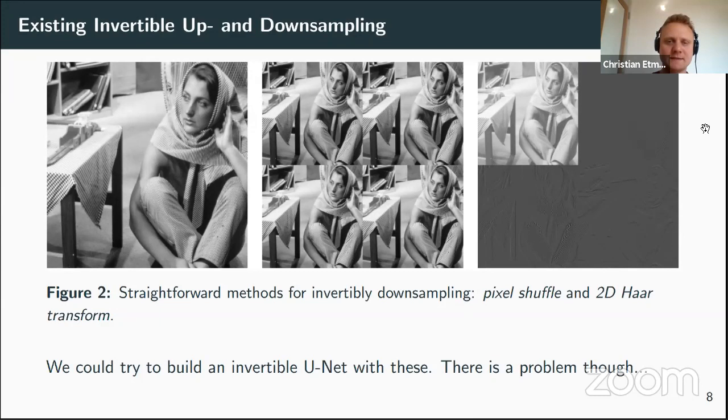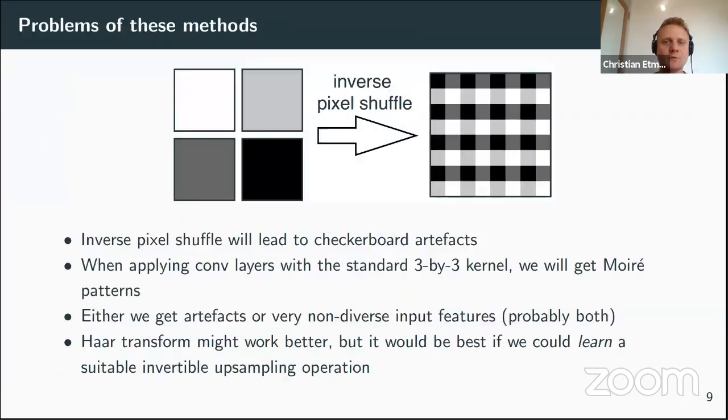But in practice, at least for the pixel shuffle transform, this poses a bit of a problem. If we were to apply the inverse of the pixel shuffle for later upsampling, then if we have diverse channel information, and it doesn't need to be very diverse in order to see the problem, we get artifacts.